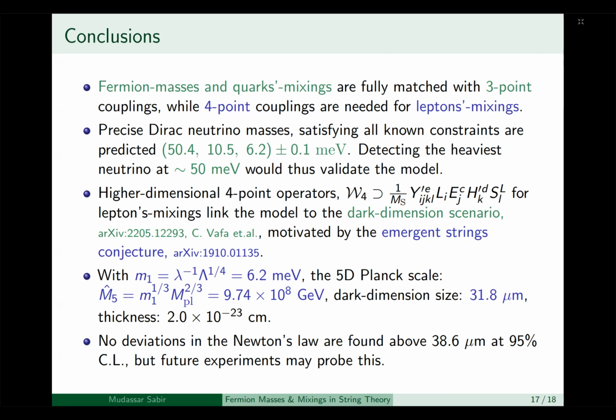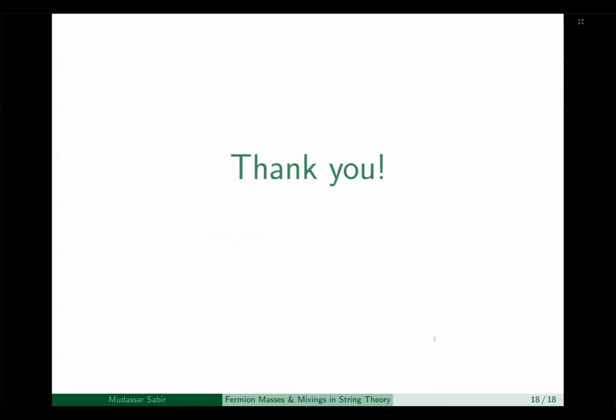Recently, we already know that up to 53 microns, they have found no violations at 1 sigma, and 38.6 micrometer at 2 sigma. Maybe in the future we can explore these Newton's law violations, and if we find violations around 32 micrometer, maybe it points out that our model is correct. So yeah, that's it.